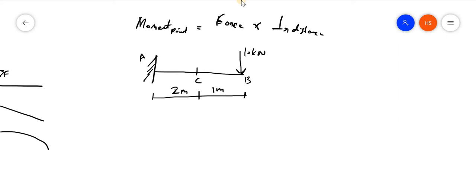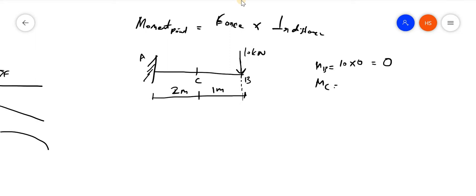Now there can be a moment at each and every point. The moment at point B, let it be MB, is force into distance. The force is 10, and moment means the perpendicular distance from that point. Here the distance is 0, so MB is 0.